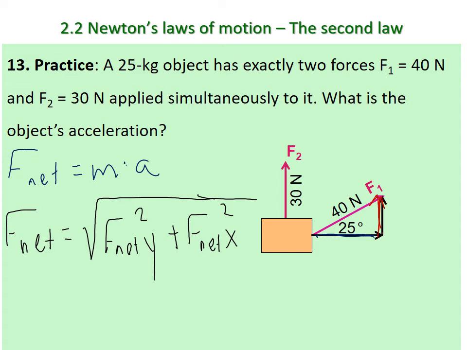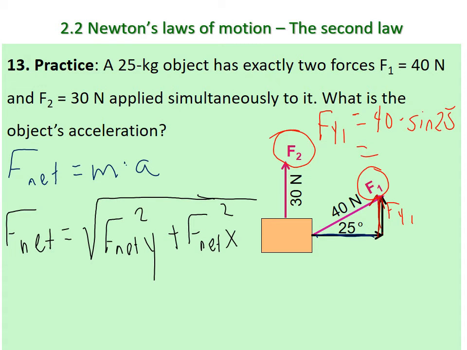So I have two vertical vectors. This right here, the F2, is totally vertical, and then I have a vertical component of F1. The vertical component of F1, looking at the angle, this 40 newtons is like a hypotenuse, and I have a theta, 25 degrees, so Fy1 is what I'm going to call this vector right here. Fy1 equals 40, the hypotenuse, times sine of 25 degrees. Make sure your calculator is in degree mode.